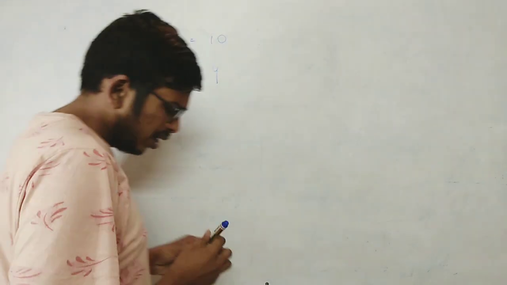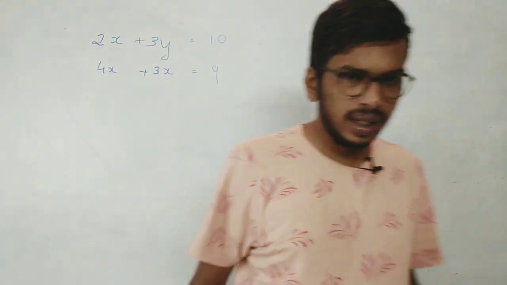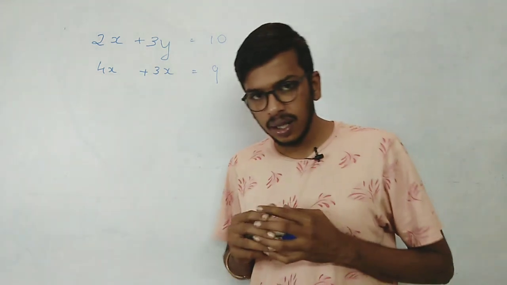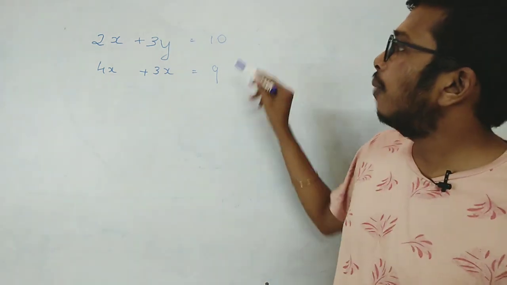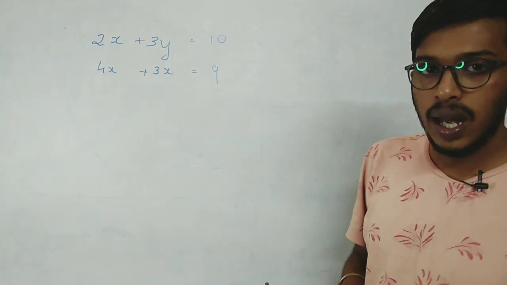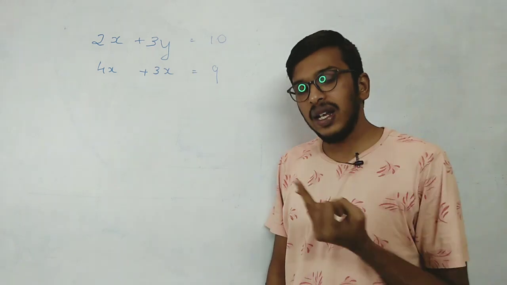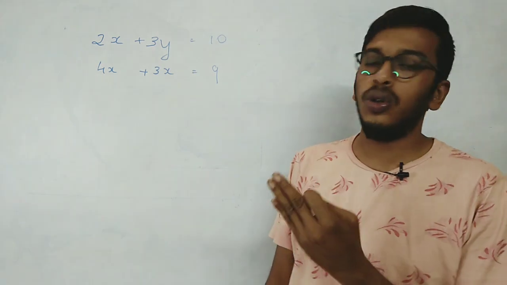This is a pair of linear equations which I came up with just now. It's a random equation. But how can we find whether this pair of linear equations has a unique solution, or infinitely many solutions, or no solution?